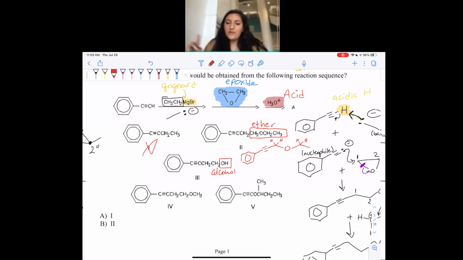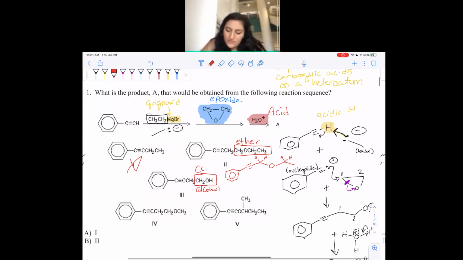The way you know quickly if it's a carboxylic acid or an alcohol without drawing it out is whether there's one O or two O's. So here it's CH2OH. If it was a carboxylic acid, it would be CO2H. Exactly. But people make this mistake all the time. I make this mistake all the time as well, because sometimes when I read, I mix things up. So it happens.